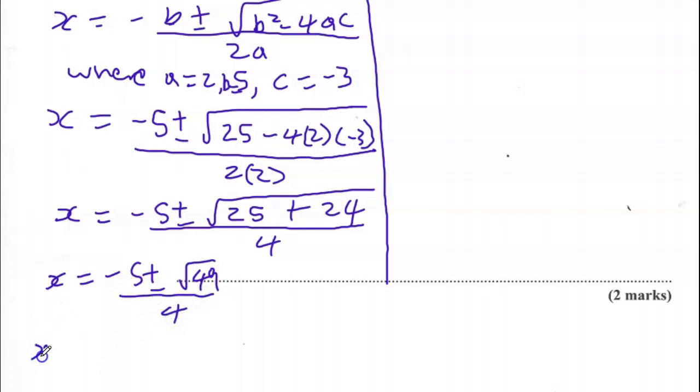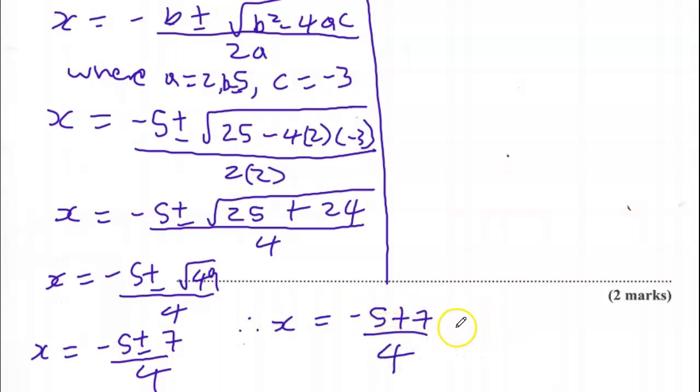So x equals minus 5 plus or minus 7, because the square root of 49 is 7, all over 4. Which means x is equal to minus 5 plus 7 over 4, or x equal to minus 5 minus 7 over 4.